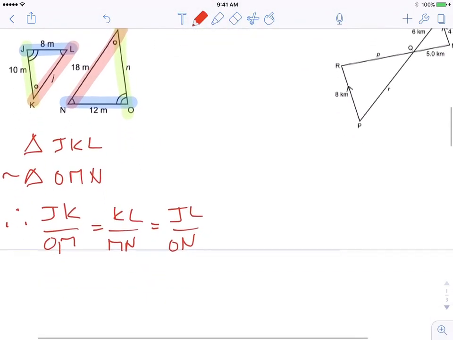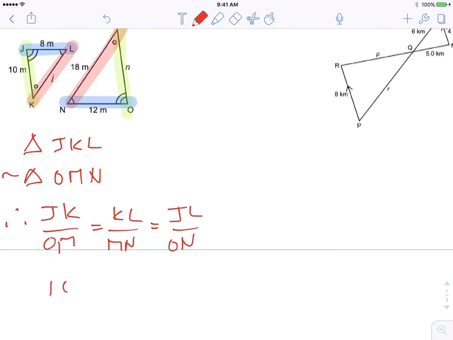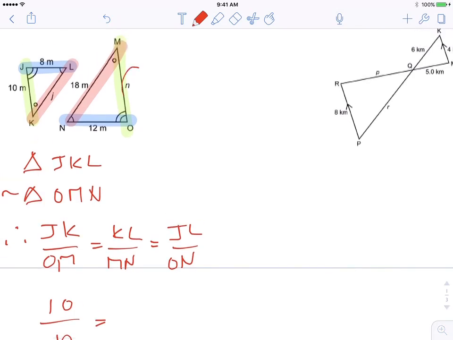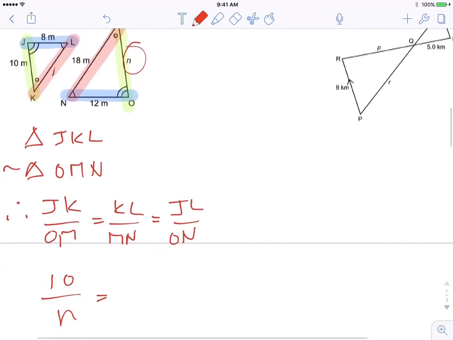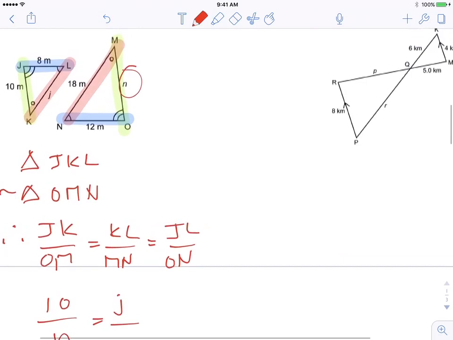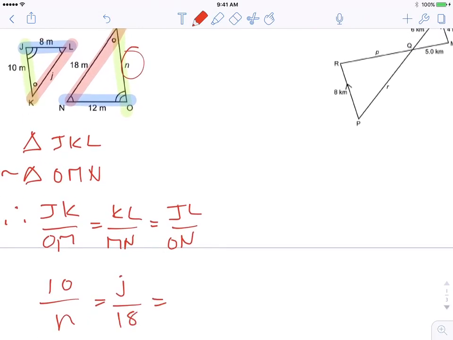So JK has a length of 10, so I can write 10 over OM, which is labeled n. If you look in the diagram, that's labeled n. And KL we're given as j, and that would be over MN, and that has a length of 18. And JL, which is 8, over ON is equal to 12.